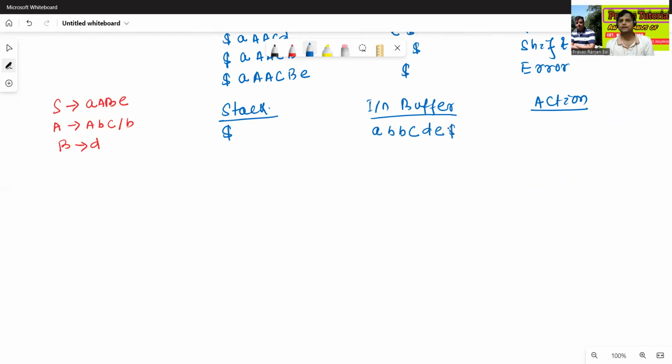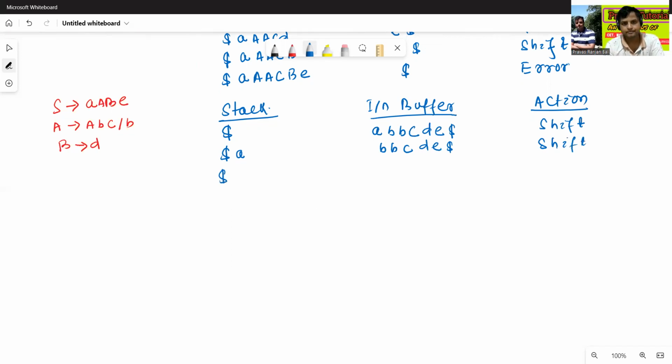Initially the stack contains dollar and the input buffer contains the input string. So the first action is shift. The stack is dollar A, and the input is B, C, D, E, dollar. Is any handle possible? No handle is possible. Then again shift.